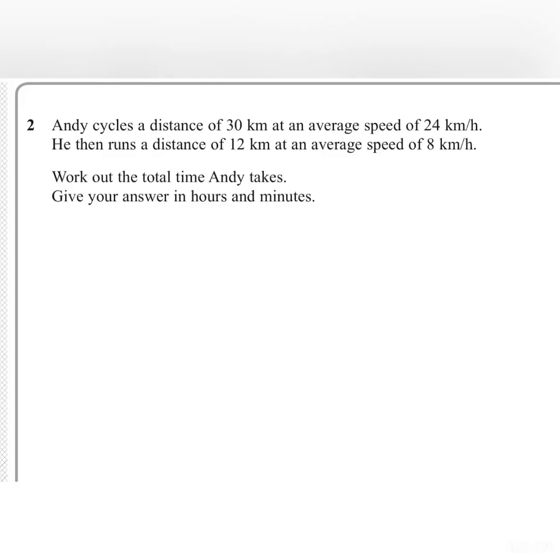Okay, question 2. It says Andy cycles a distance of 30 kilometers at an average speed of 24 kilometers per hour, and then he runs a distance of 12 kilometers at an average speed of 8 kilometers per hour. Work out the total time it takes, and give your answer in hours and minutes.